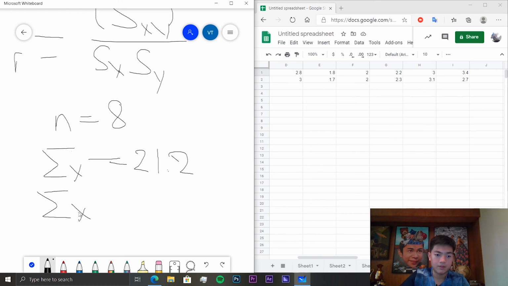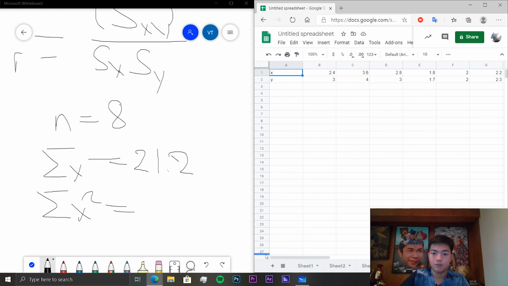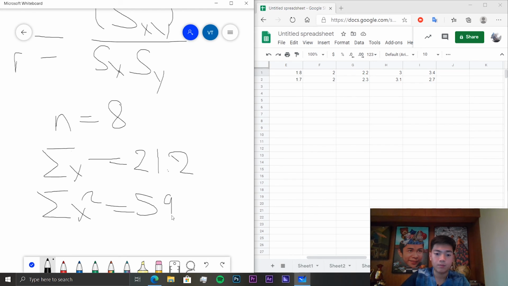And the sum of the x squared values is equal to 2.4 squared plus 3.6 squared plus 2.8 squared plus 1.8 squared plus 2 squared plus 2.2 squared plus 3 squared plus 3.4 squared. So this is equal to 59.2.